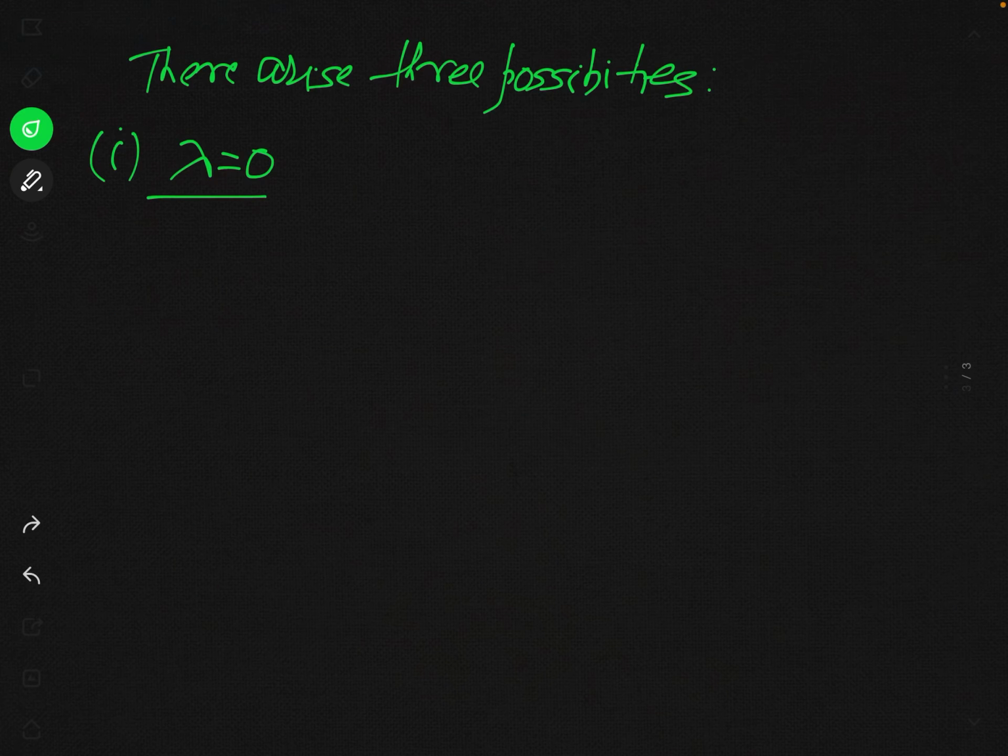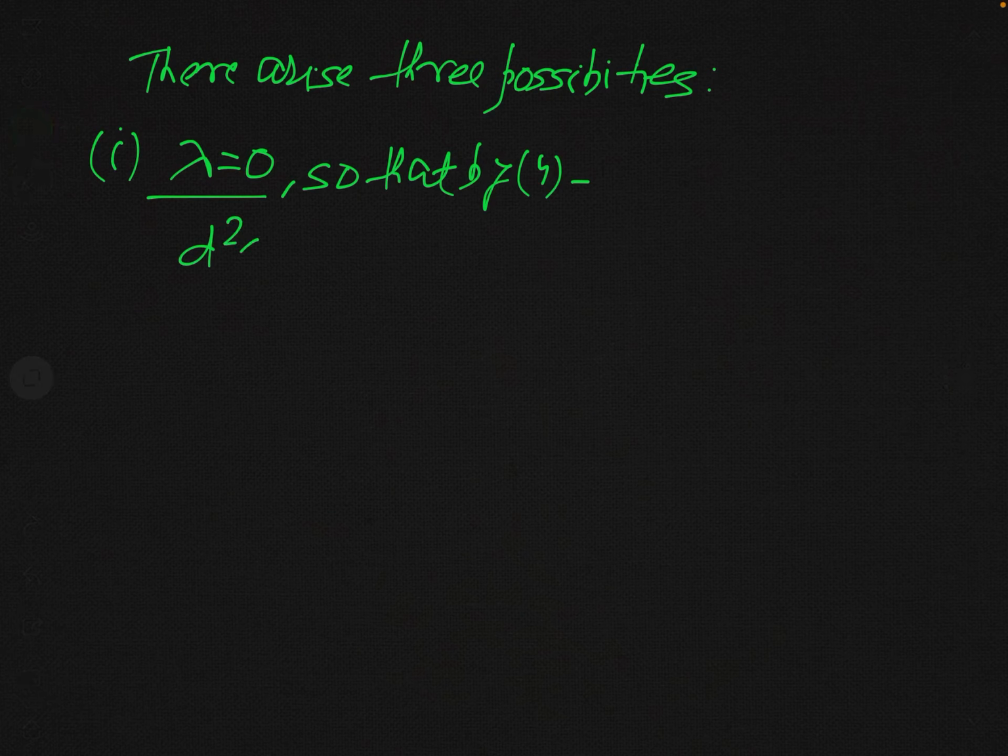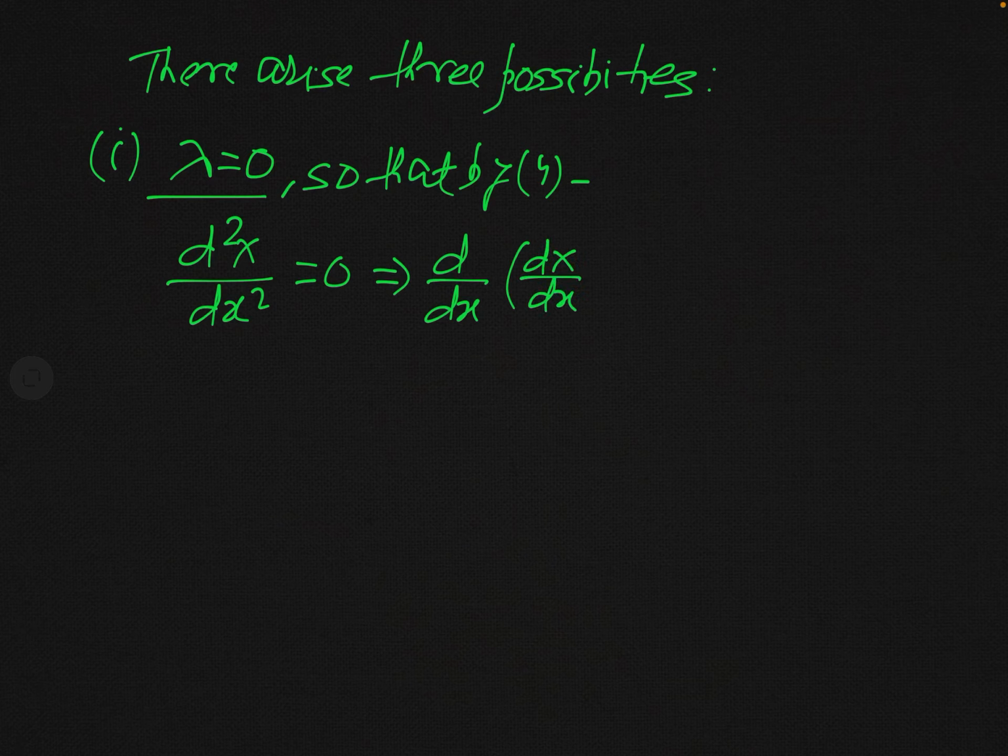So by equation 4, d2x by dx square will be equal to 0, and we may write it as d by dx of dx by dx equal to 0.